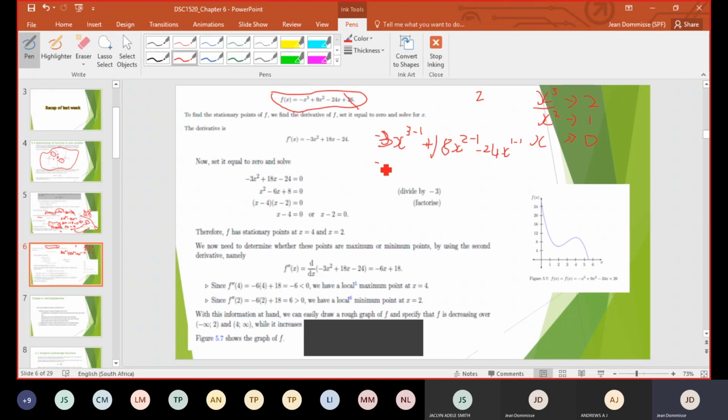Okay, so if we rewrite that, it's minus 3x to the power of 2 plus 18x minus 24. So the first thing I would do here is, okay, there's a negative 3 in front of the x squared, so maybe I want to get rid of that.